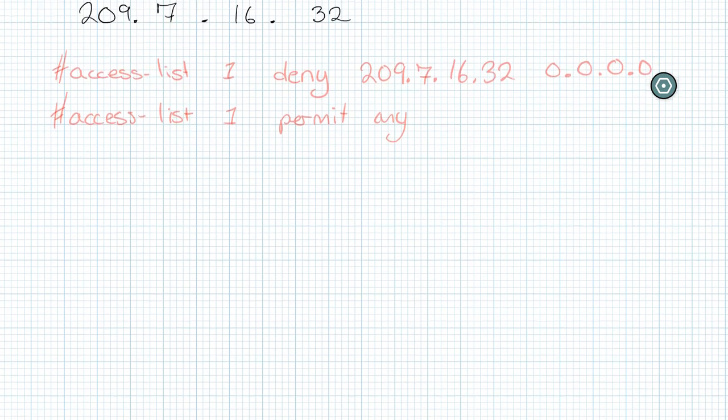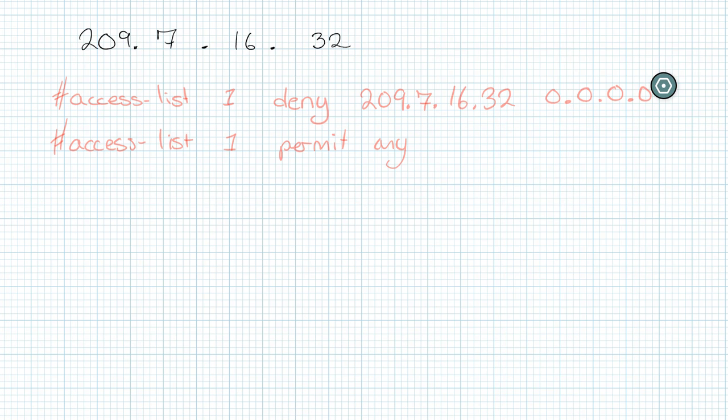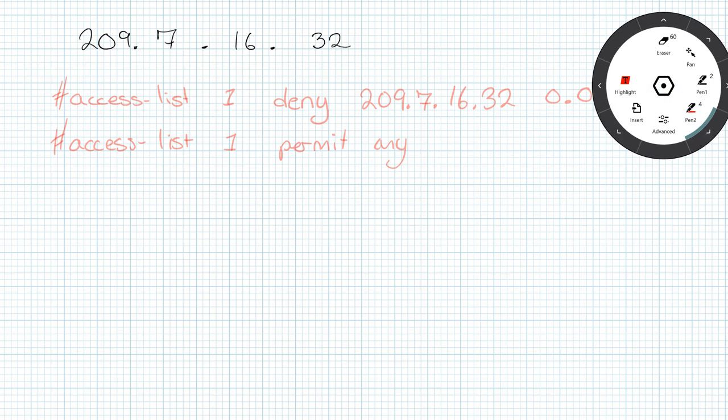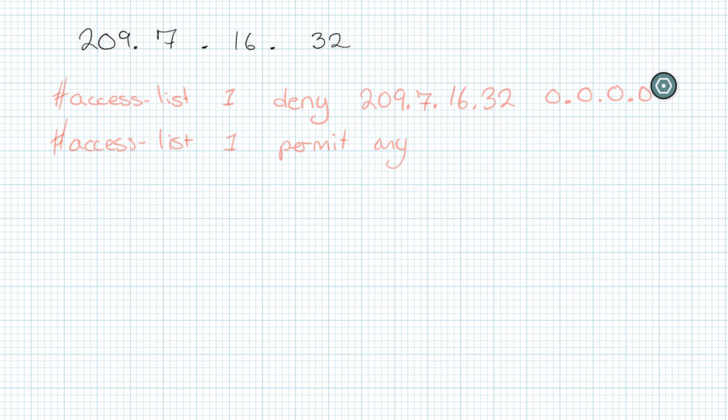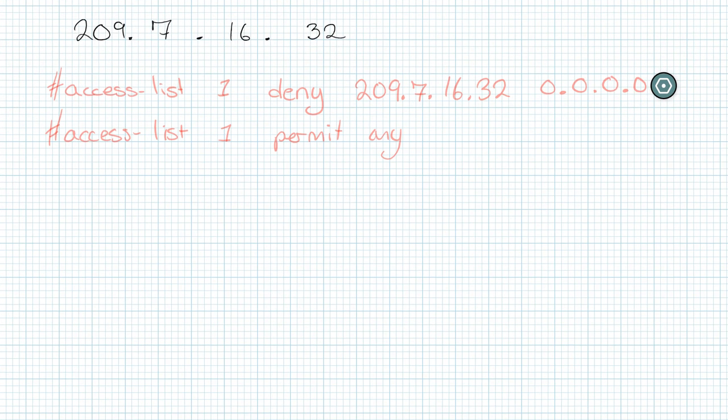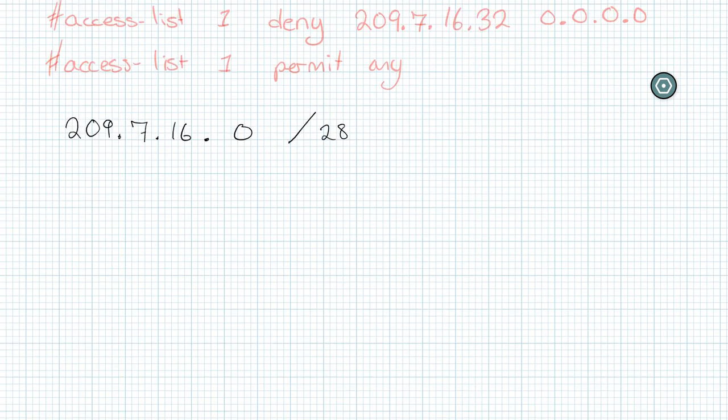Okay, so let's look at a slightly different example. Let's look at blocking a subnet that doesn't line up on a classful address. So if we look at that same network, 209.7.16.0, but now we're looking at a /28 address, that means there are 28 network bits.